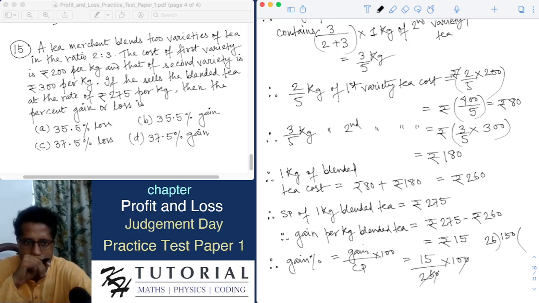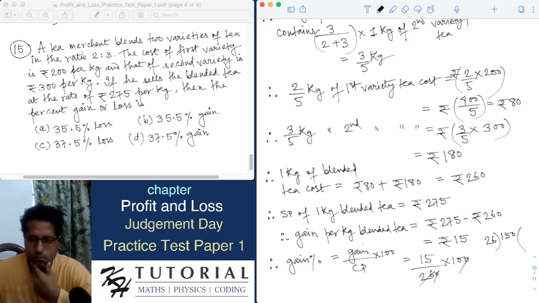Let me calculate it. 150 divided by 26... No, it is coming to around 5.7.